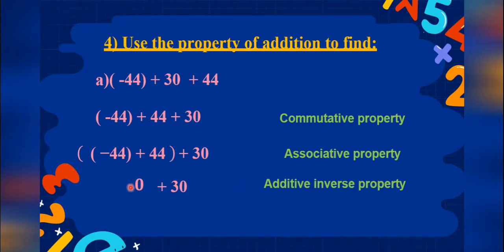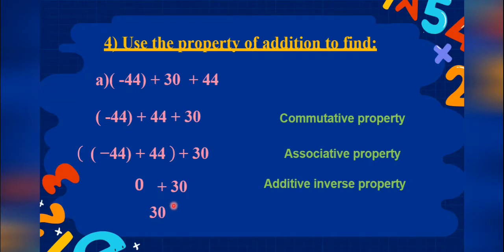When you add 0 to 30, you have 30. What is the reason that you write 30? Because when you add 30 to the additive identity, which is 0, the 30 doesn't change. So 30 came from adding 30 to 0.